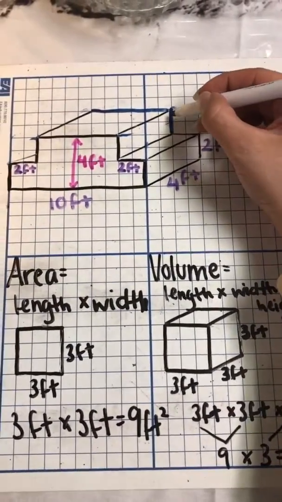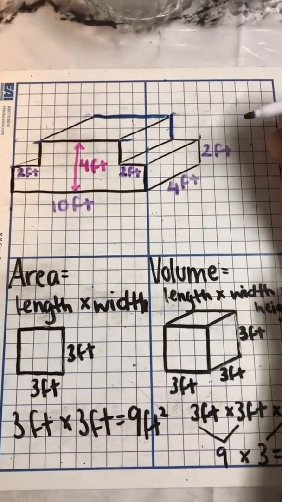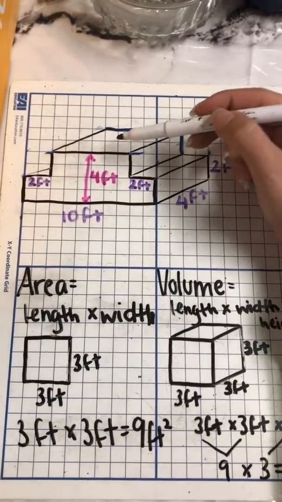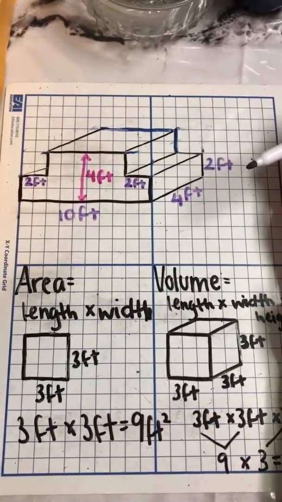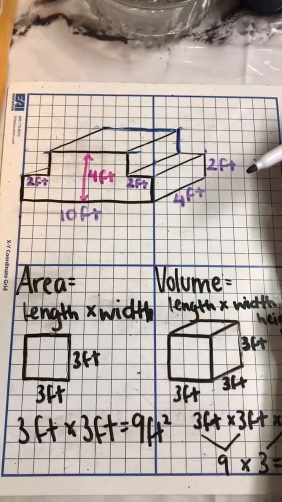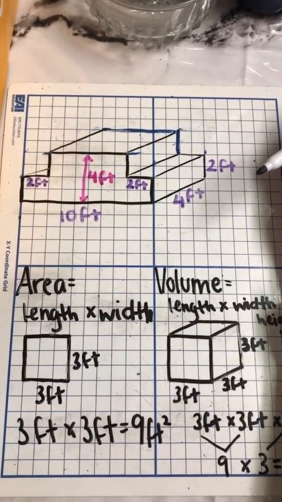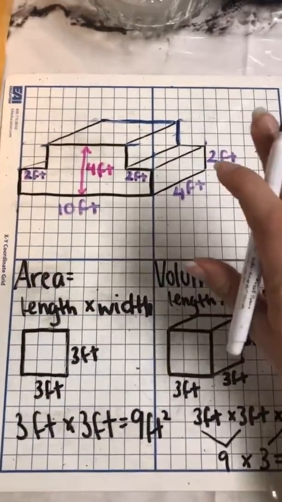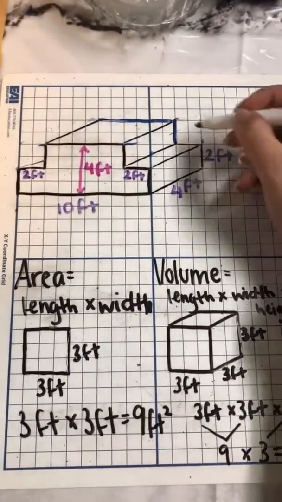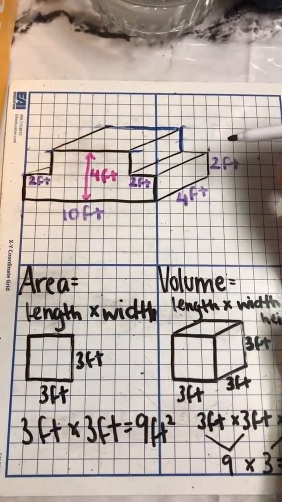We are missing the height of the top of the rectangle, and we are also missing the width of the top of the rectangular prism. Now, you might be wondering, how do we solve? Well, we're going to work on it together. Let's first solve for this top half right here, okay?